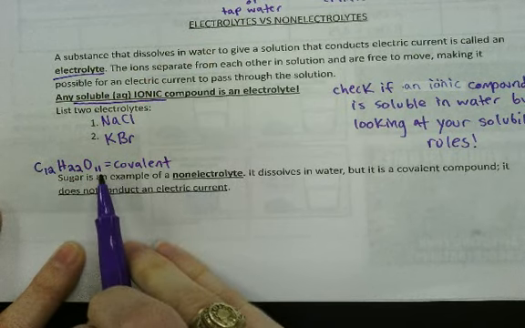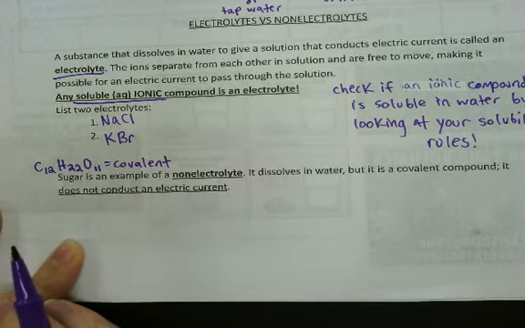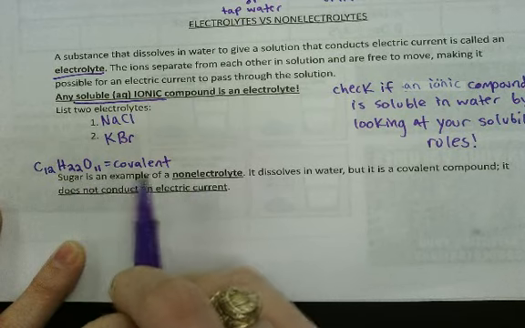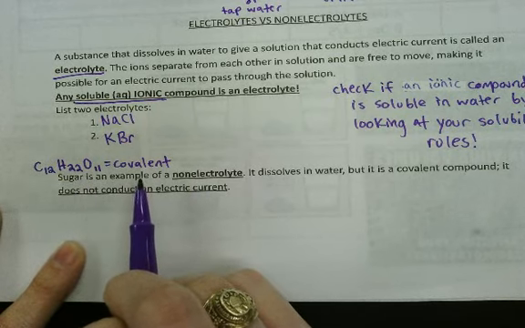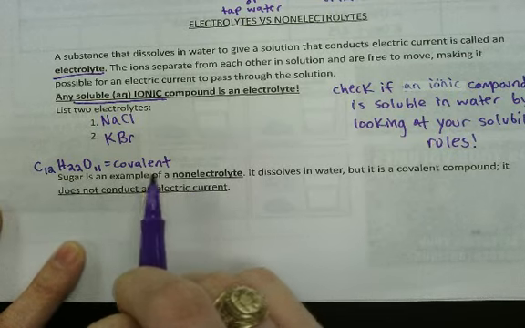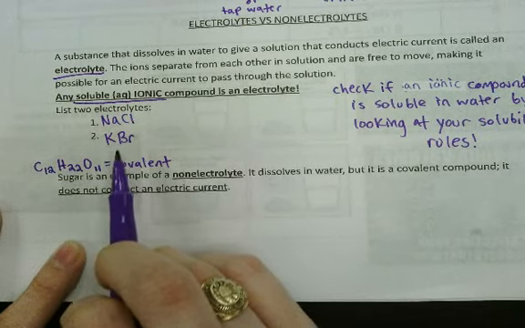It is polar. So we're going to talk a little bit about how compounds dissolve in water and polarity in a second. But just so you know, sugar will dissolve in water. You've also probably witnessed this as well. But since it is covalent, it is not going to dissociate into ions like sodium chloride and potassium bromide will.